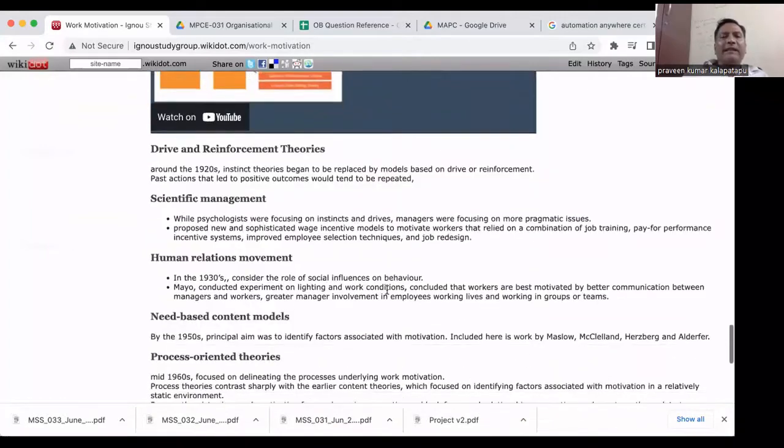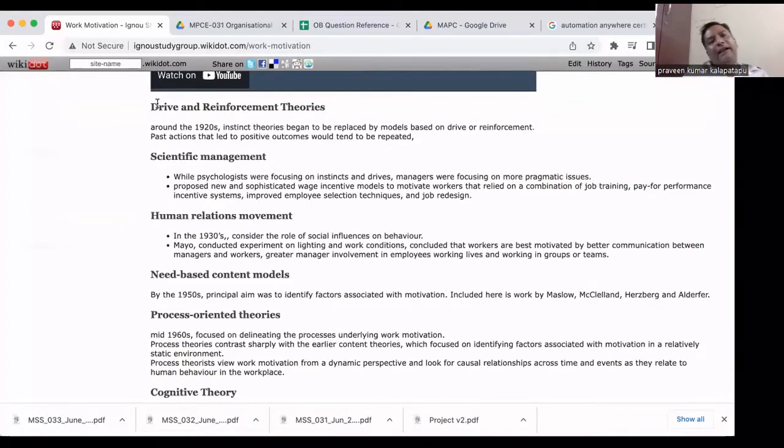So motivation theories started in 1920 with drive and reinforcement theories. What is drive and reinforcement theory? Basically, you are saying that, okay, yes, this is the drive that you have and you will get this reward, hence you are motivated. Very simplistically, right? If you do this, you get that. You do these actions, you will get those things. That is what drive and reinforcement theory is. That is where it started in 1920.